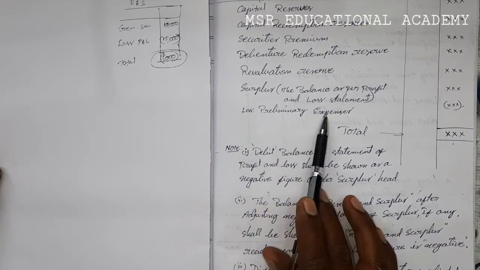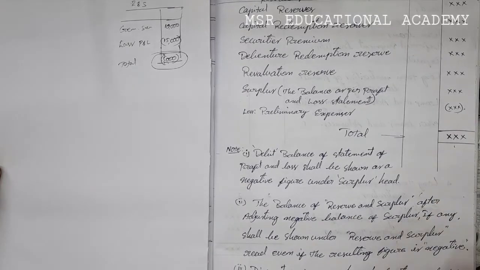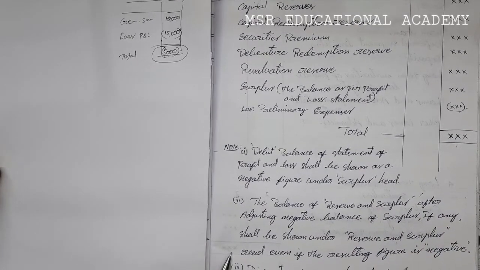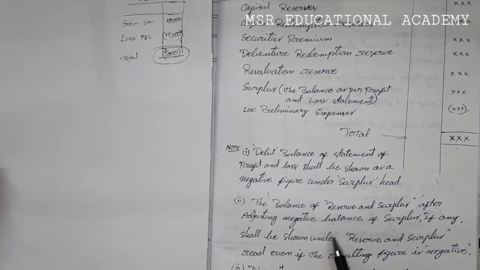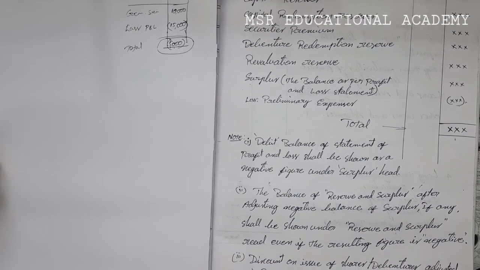And the preliminary expenses also are the same, you can deduct from the total amount, that is the only key point. And related to that point, I have given a note also, please write this note.